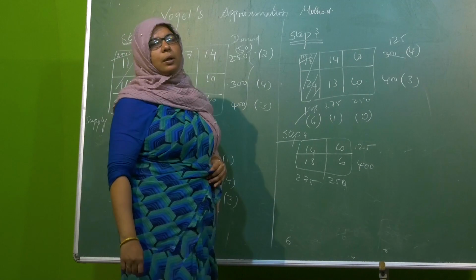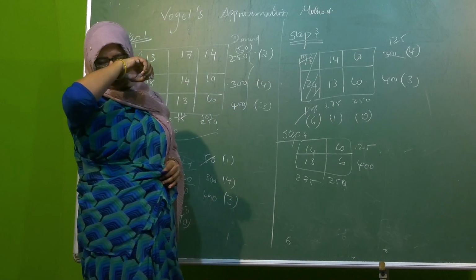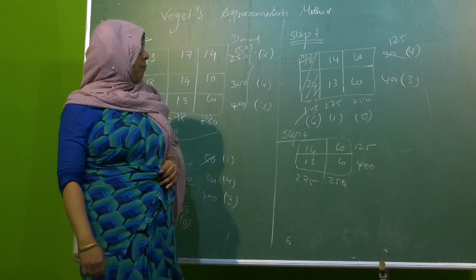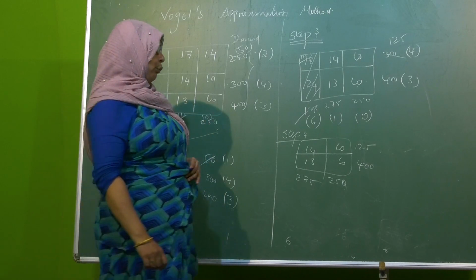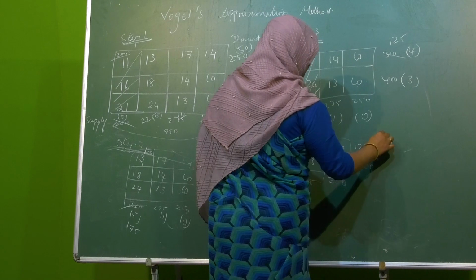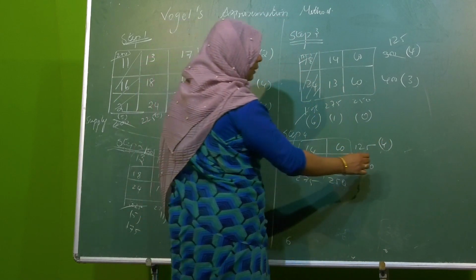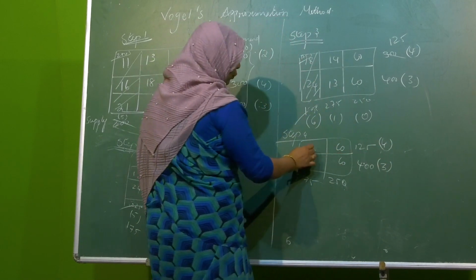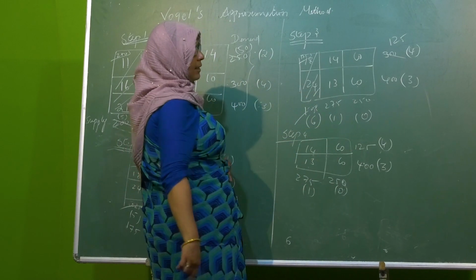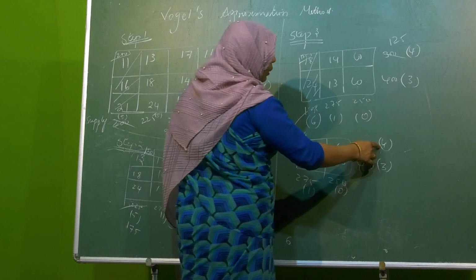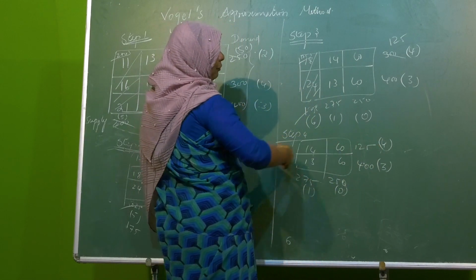Likewise we did in the previous steps. What is the difference between 10 and 14? 4. And 13 and 10? 3. 14 minus 14, 0. Which one is the highest, the maximum difference? 4 is the maximum difference. So we select the first row.